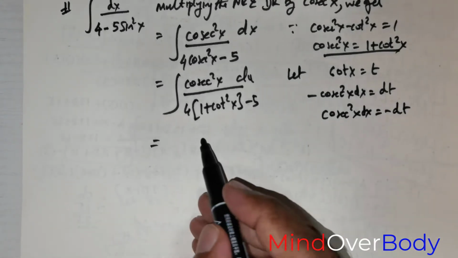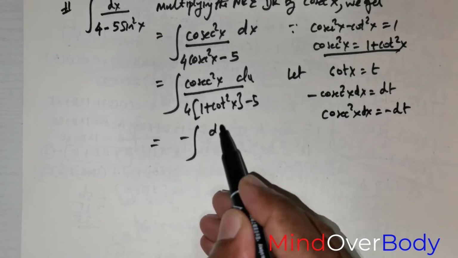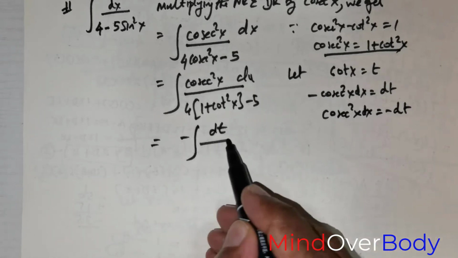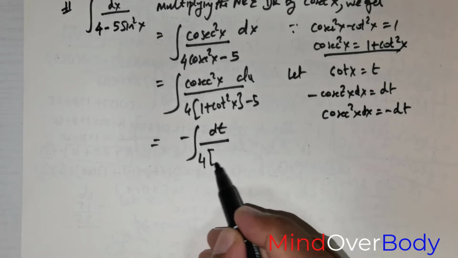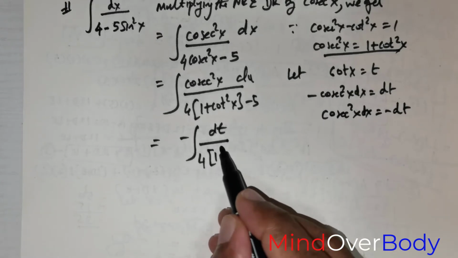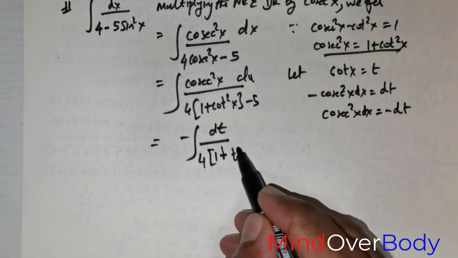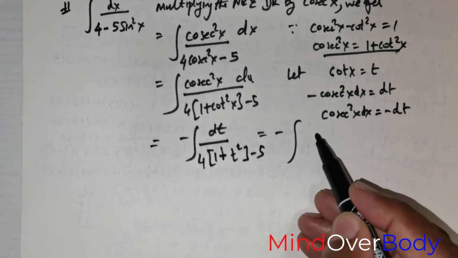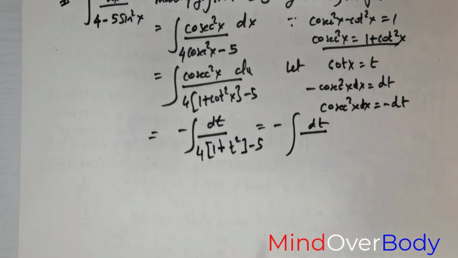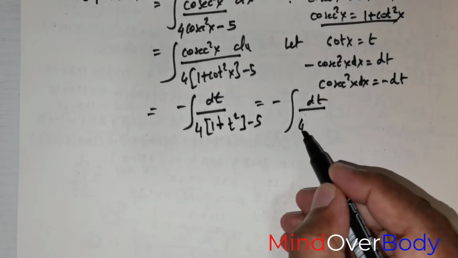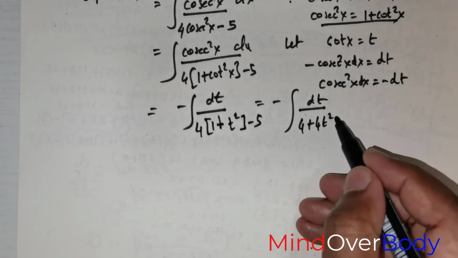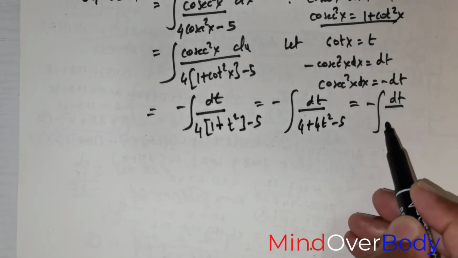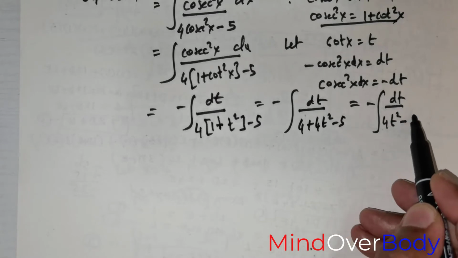So I substitute the value here. So it's going to be integral negative dt for cosecant squared x dx divided by 4 times of 1 plus cot x is t, so it's going to be t squared there, followed by a minus 5. So this is equal to negative of dt over 4 plus 4 times t squared minus 5. This is going to give me negative of dt over 4t squared minus 5.